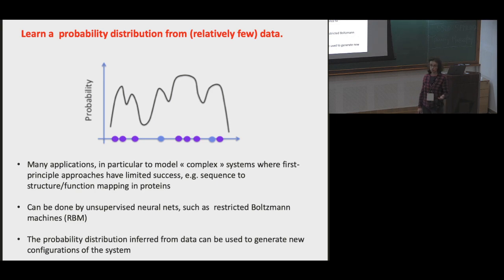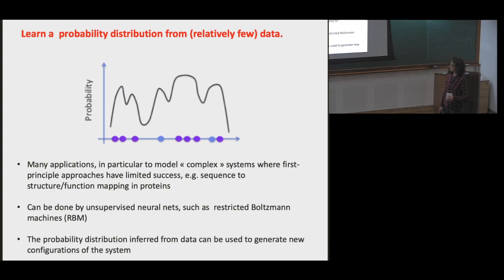I will try to show you that this problem has many applications to model complex systems where first principle approaches have limited success, and the key application will be understanding the relationship between sequence, structure and function in protein data. And I will focus on an unsupervised neural network called a restricted Boltzmann machine.